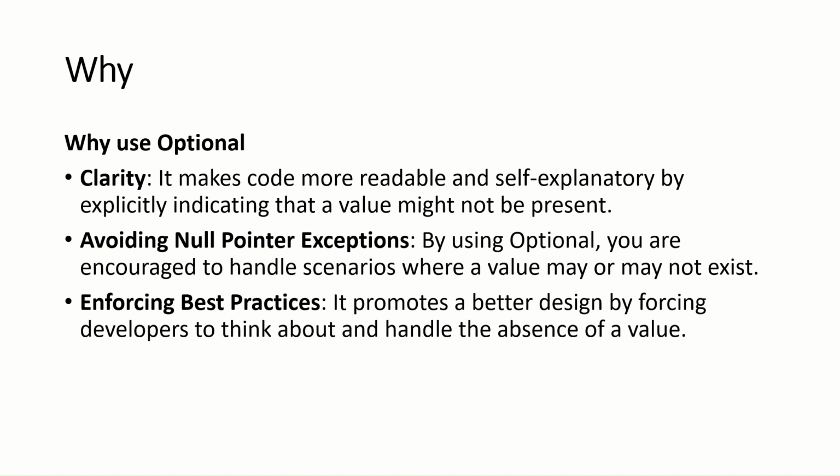Let's say some value is going to be absent; with the help of Optional, we wrap those values. It will automatically tell the developer that this value might be absent. So it is self-explanatory by explicitly indicating that a value might not be present.